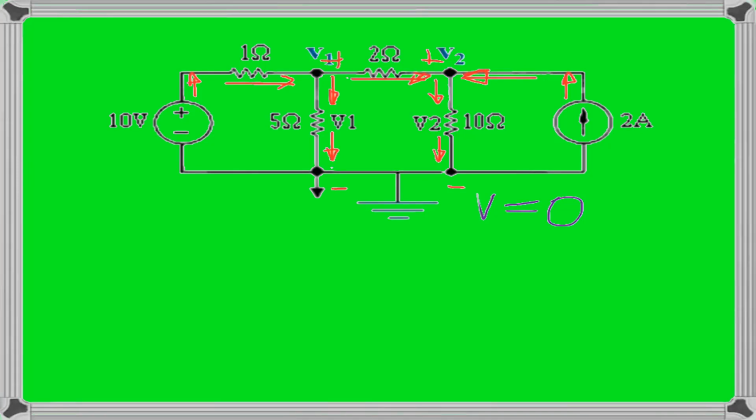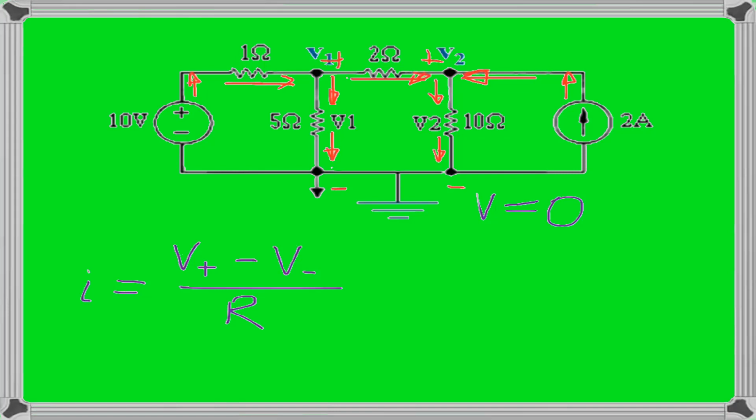Now we have all the currents ready, but in terms of finding voltages V1 and V2, we need to express each current using Ohm's law. How to do this? The current flowing through the resistor equals the voltage at high potential minus the voltage at low potential, or voltage at plus minus voltage at minus, divided by the value of the resistor, over R. Let's check the 1 ohm resistor.